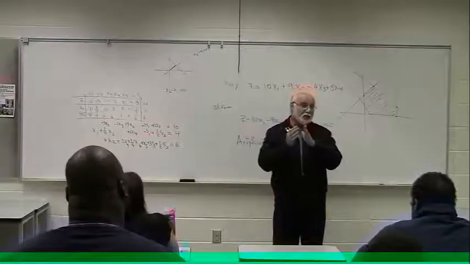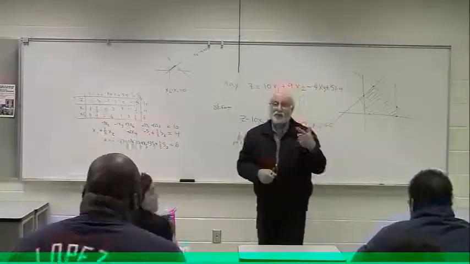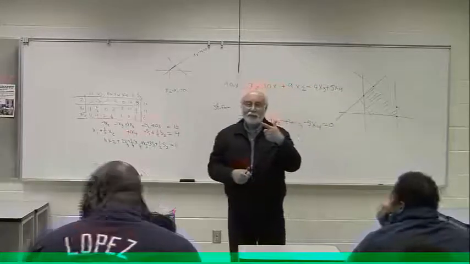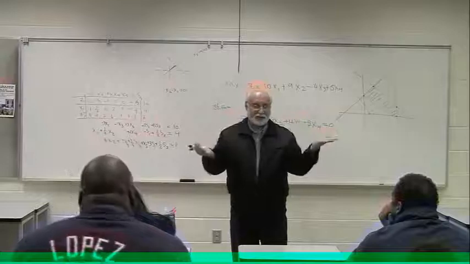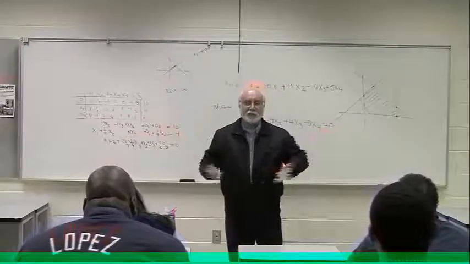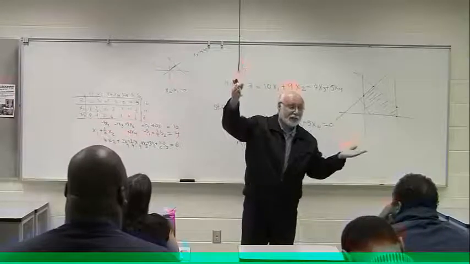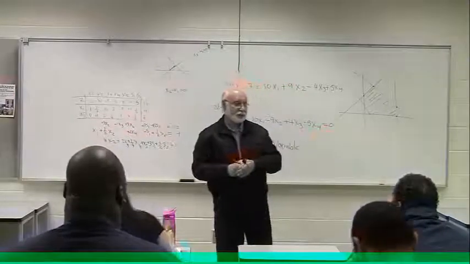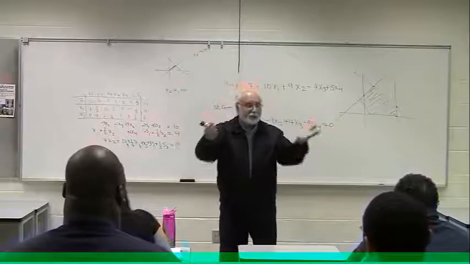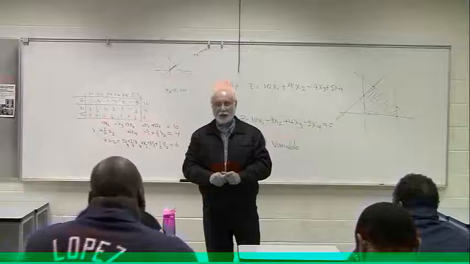When you have an equal sign, we do not add any slack variable and we do not subtract anything because it's already equal. We do that to make inequalities equal. But if it is equal itself, we don't do anything. Okay?